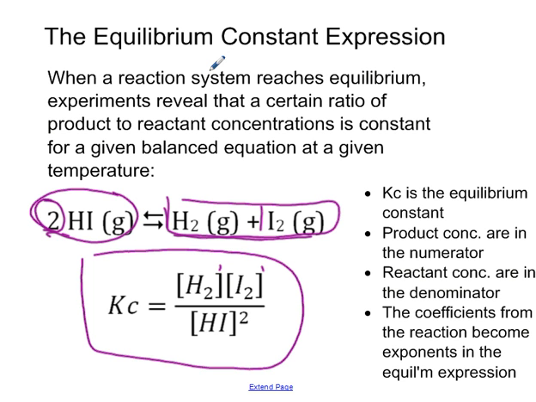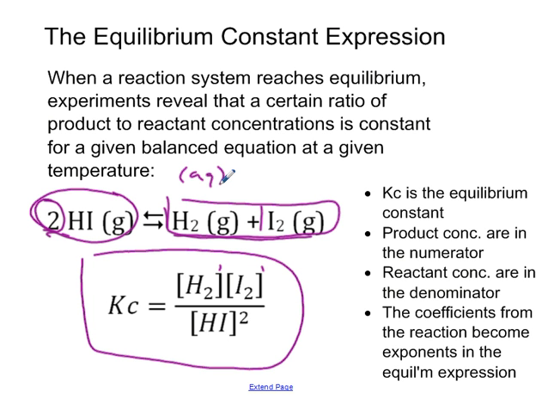So in this gas phase equilibrium, everything was included in the Kc expression. If there were aqueous species here, we would also include them, because gases and aqueous species have concentrations which can change during the reaction. If you have a container of certain volume and you're producing more and more hydrogen gas, the concentration of hydrogen will go up.